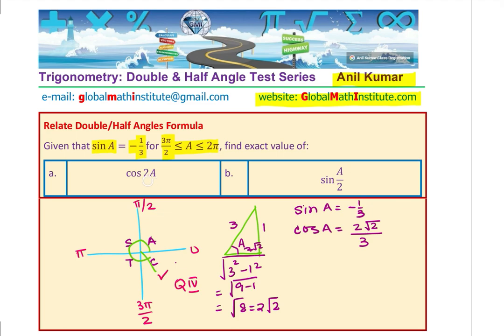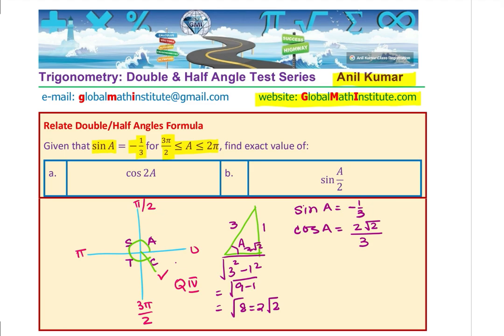So that you know whether the sign of this is going to be positive or negative. You get the idea, right? So that double of this will also add up here only. You get the idea. So you go twice. Okay. Now, so we know that cos of 2A will also be positive.